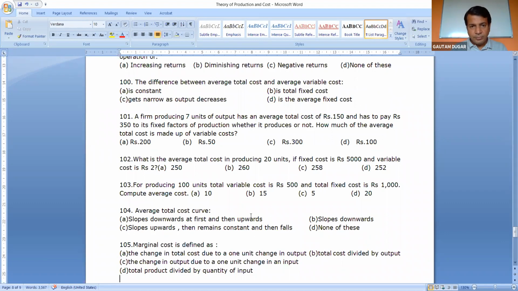102. What is the average total cost in producing 20 units? Read the question. Average total cost in producing 20 units, if fixed cost is 5,000 and variable cost is rupees 2. I'll give you time. You can use a paper and pen.